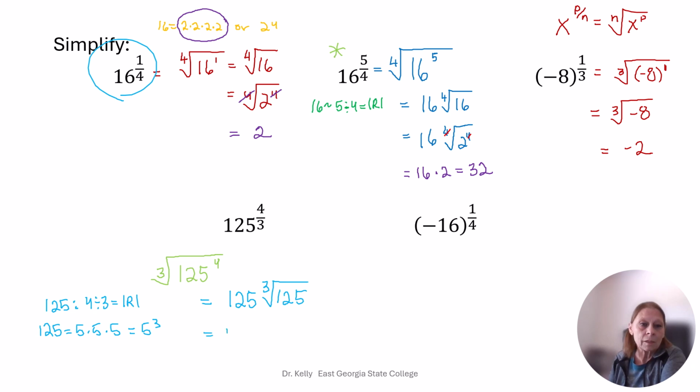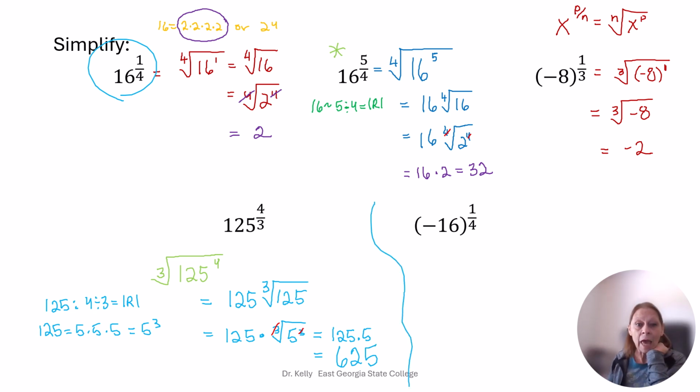So we could write this as 125 times the cube root of 5 cubed. Those go away. Awesome. And we're left with 125 times 5. And I didn't actually work that out, but maybe it's 625. I can't do that math in my head right now. Yeah, it's 625.